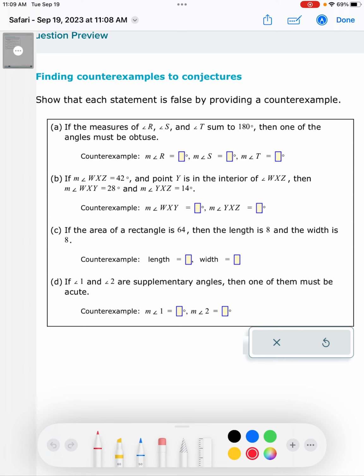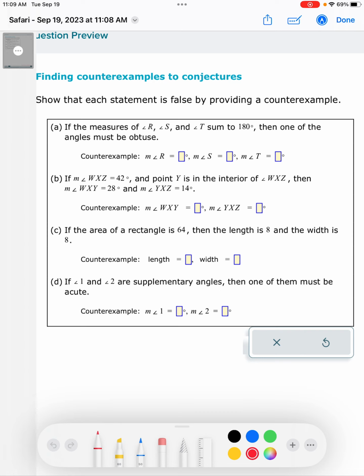Again, I'll draw this out in a second so that we can go over that. Then the measure of WXY is 28 degrees and the measure or the size of angle YXZ is 14. Okay, lots of stuff happening. Lots of letters, lots of words. Stay with me.